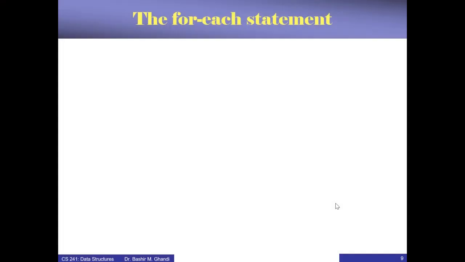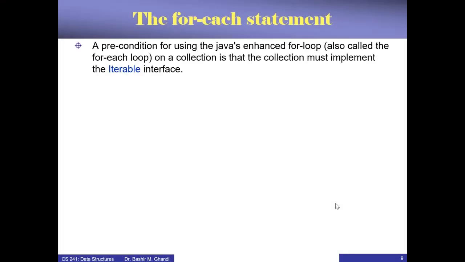So let's talk about the for each statement. A precondition for using Java's enhanced loop, which is also called the for each loop, is that a collection must implement the Iterable interface. Before you can use for each, you have to go to the top of your class and say implements Iterable. If you don't do that, the for each will not work.